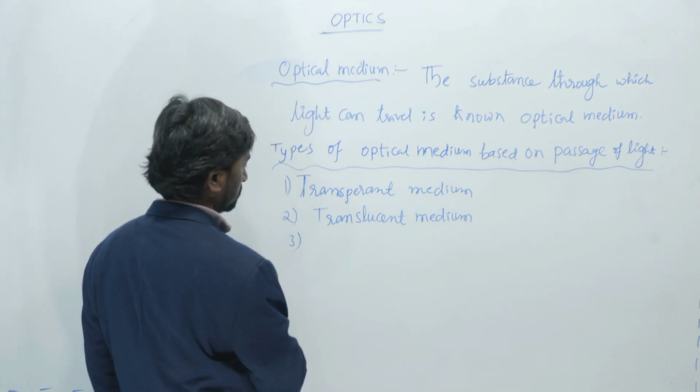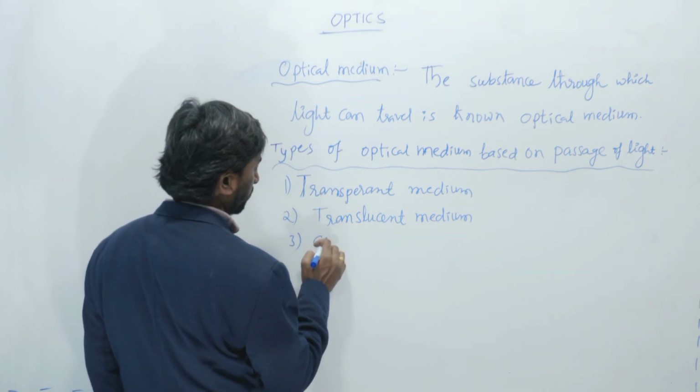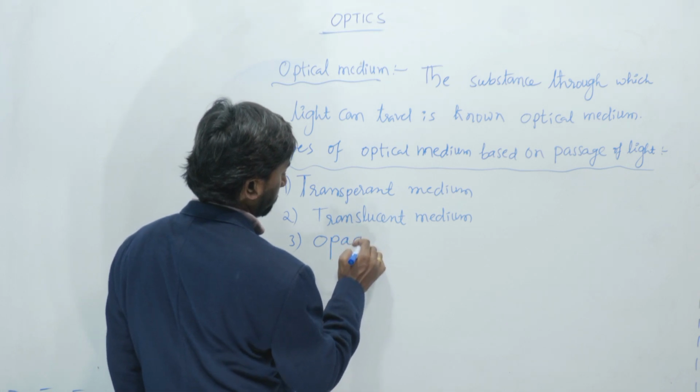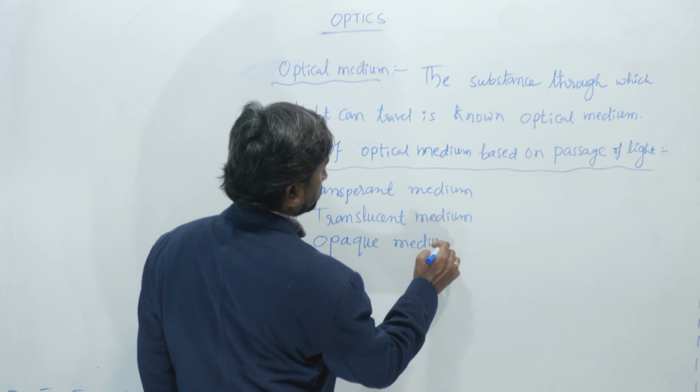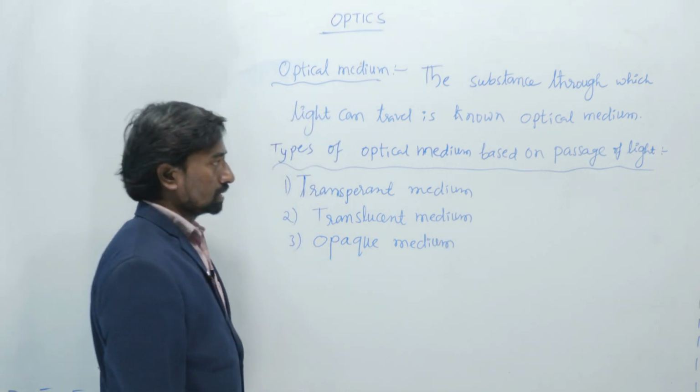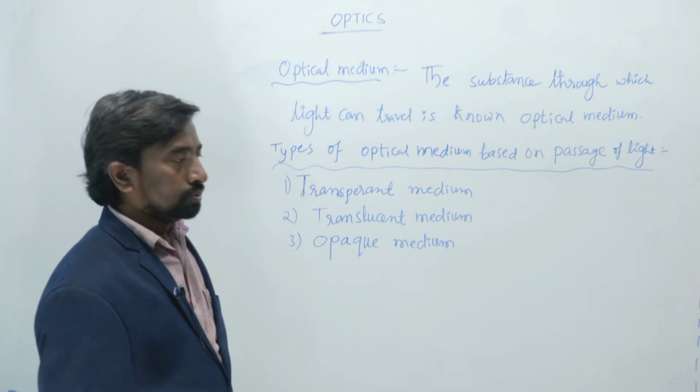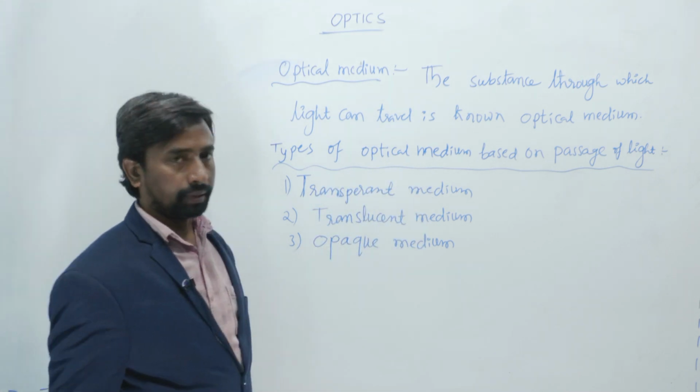And third one is opaque medium. Okay, these are the three kinds of mediums based on the passage of light.